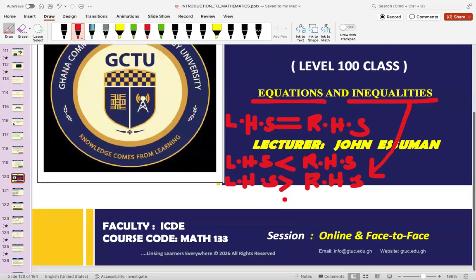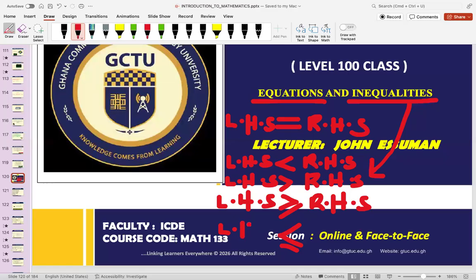Or you may see the symbol greater than or equal to between the left-hand side and the right-hand side. Or you may see the symbol less than or equal to in between the left-hand side and the right-hand side. So you see that for the inequalities, there are several options. Unlike the equation that you only see an equal sign, for inequalities you have 4 different signs you can see.